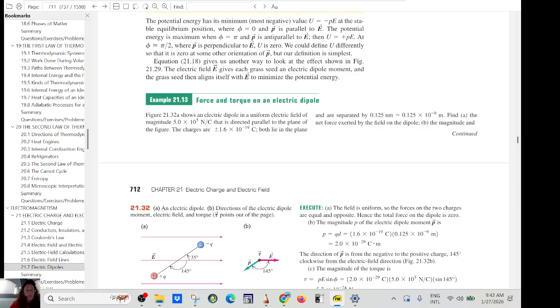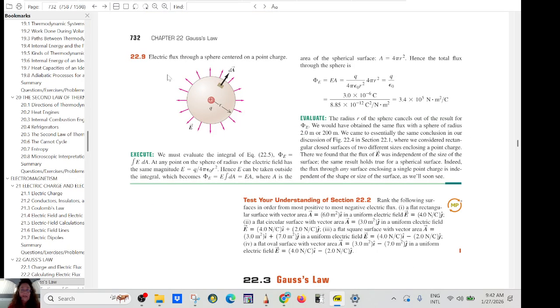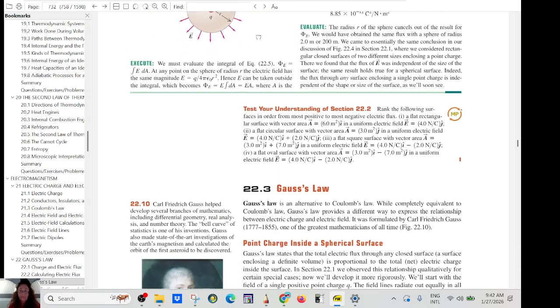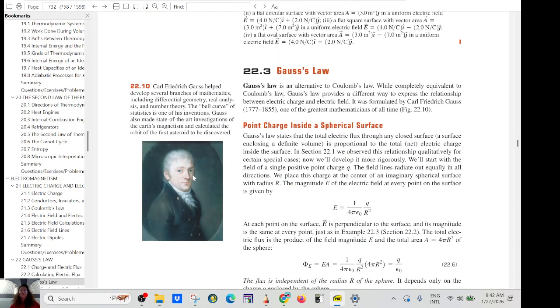Page 732. Okay, so now we are at Gauss's law. Gauss was a mathematician, he's the one who came up with the Gaussian curve, the bell curve. So it's a mathematical tool for us to compute the electric field when you have a nice symmetry.